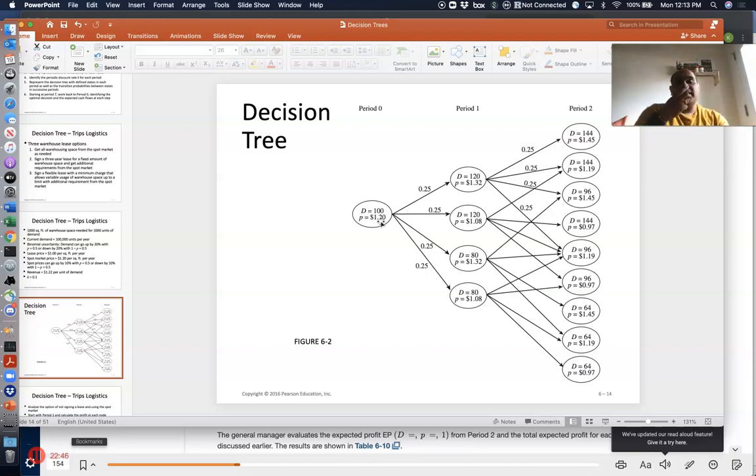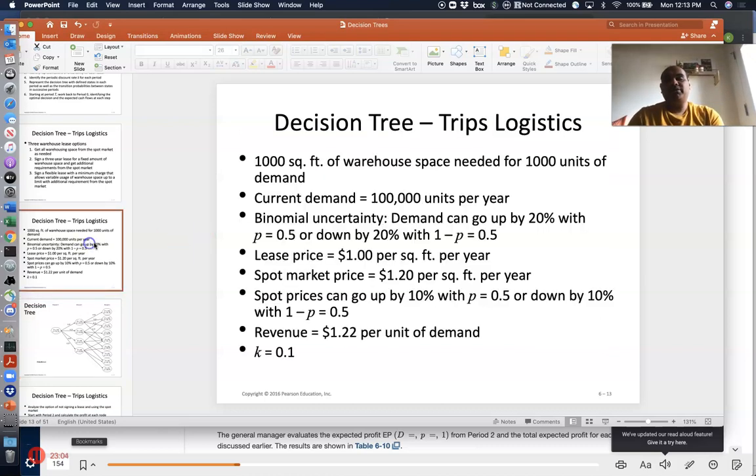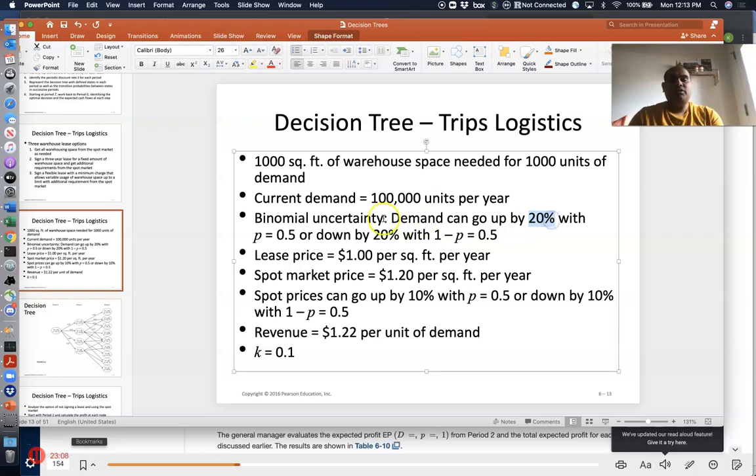So there are 2 things that can happen. Demand can go up or down. Spot market price can go up or down. So there are in total 2 times 2, 4 possibilities, right? So demand goes up, spot market price goes up. So remember, whenever demand goes up, it goes up by 20%. We are assuming binomial uncertainty. So demand will go up by 20% or go down by 20%, and with a 50-50% probability.